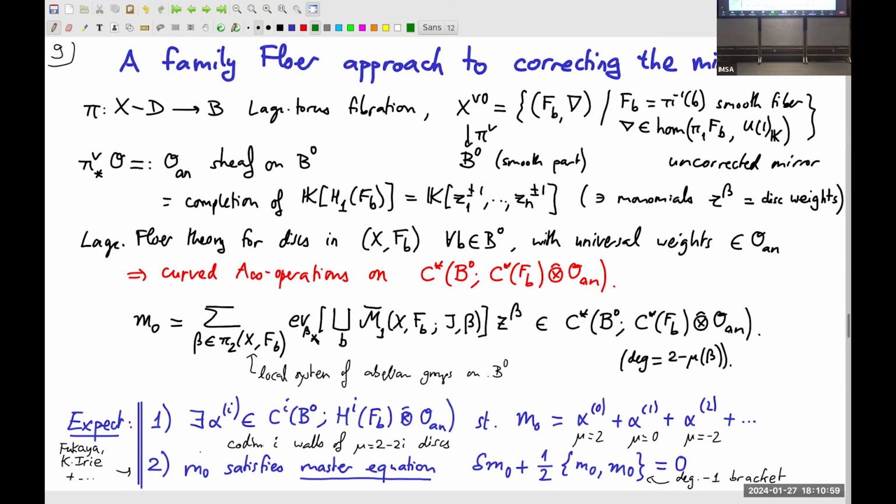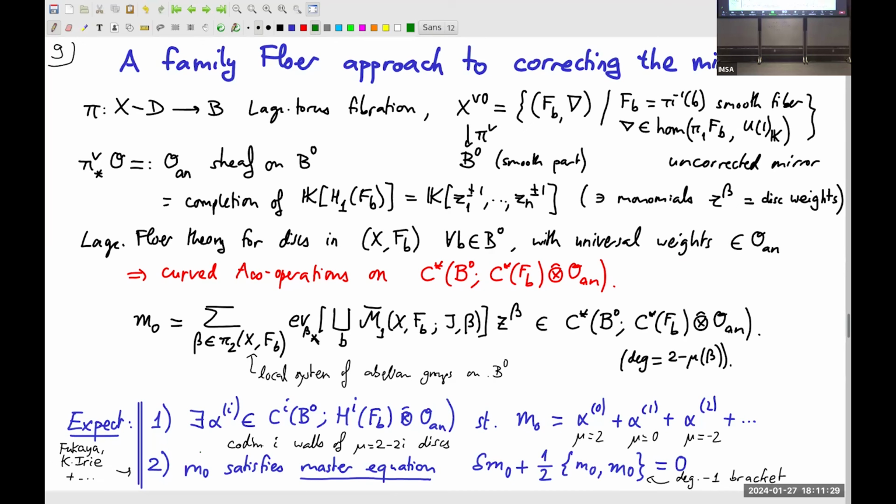The claim is, I believe, that there should be a way to understand all of the corrections at once, rather than start from the consistent ones and then add the mess that we got from that negative Maslov disk as an extra deformation. The proposal is that we are going to look at the uncorrected mirror first, and we are going to do Lagrangian Floer theory, not just for one fiber at a time, but for all of them simultaneously.